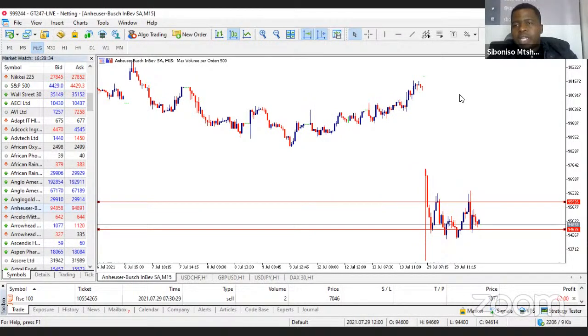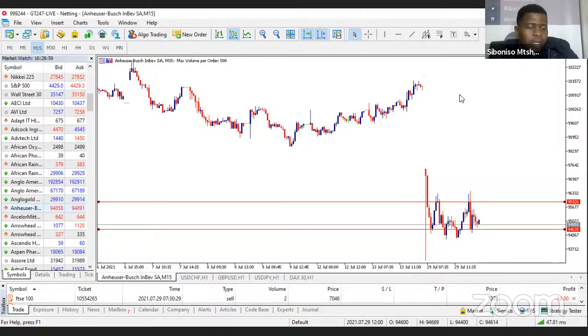Today it opened with a gap from 1,015 rand 72 and then dropped down to 948 rand. Okay, so I also assume that even the price of Sappi, it might be less than 100 rand, but let me quickly double check.